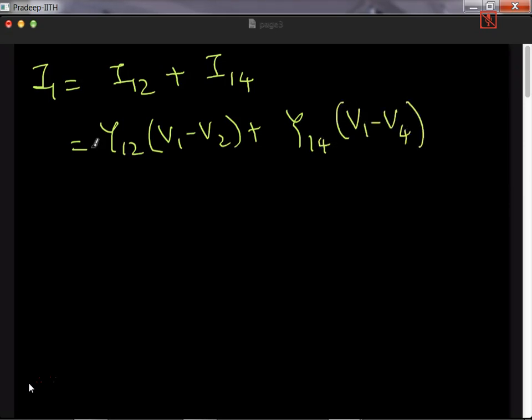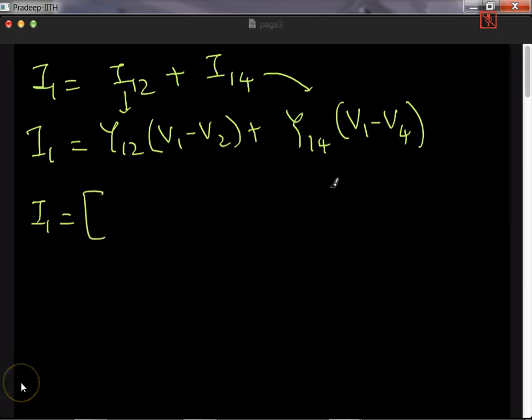So like this I can write it. So is it clear? So this part I substituted here and this part I substituted here. So I14 is nothing but Y14 into V1 minus V4. So any doubts on this? So any doubt up to this?